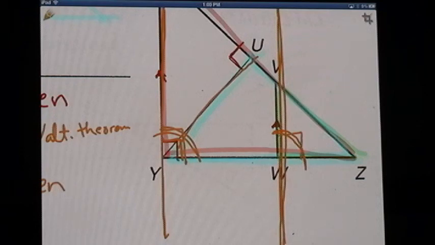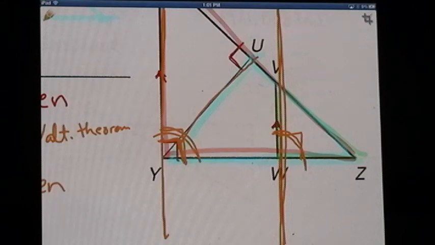Okay, I have two parallel lines, and this one's at a right angle, and it says if a line, how does that go? If one of two parallel lines is perpendicular to a third line, then the other one is also perpendicular to the third one.